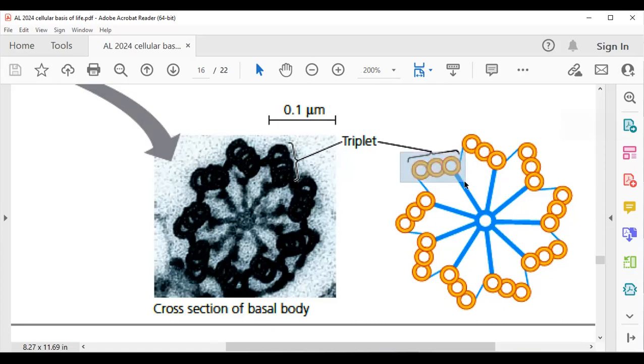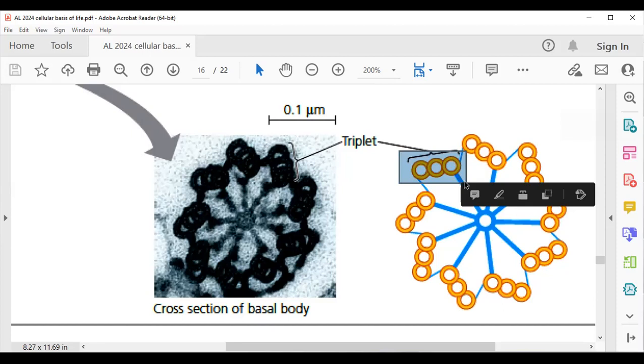Microtubules are arranged not as doublets but as triplets. There are 9 triplets, and no microtubule in the middle.